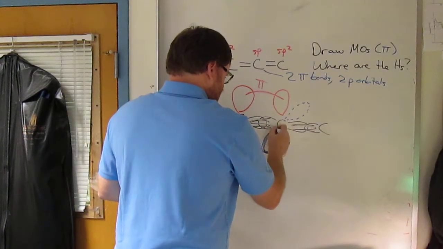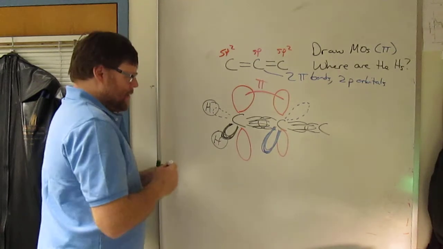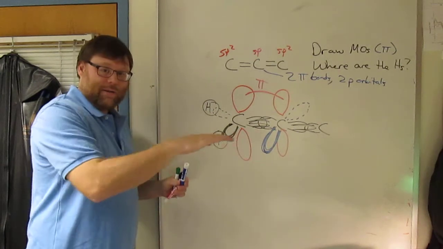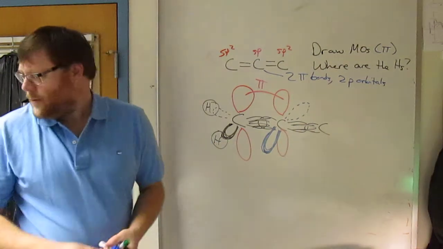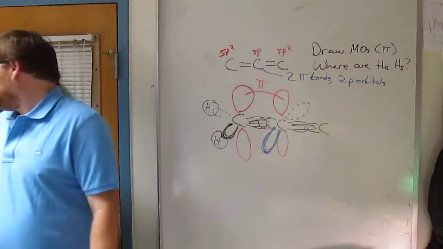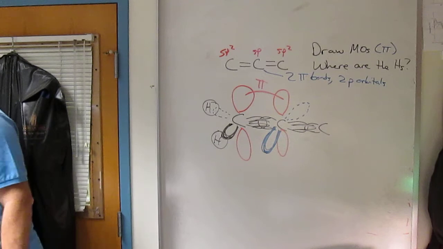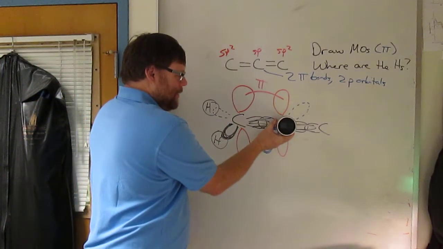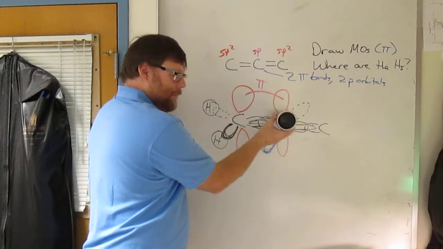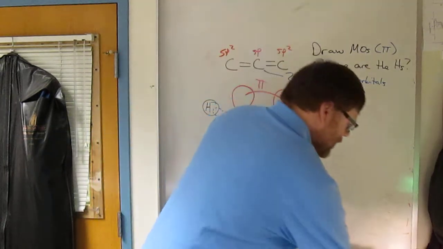Again, I apologize for the art. The second p orbital is basically pointed straight out at you. Really, it's a cylinder. Right, the second p orbital is basically like that. It's got lobes, and imagine it actually went back into the board.